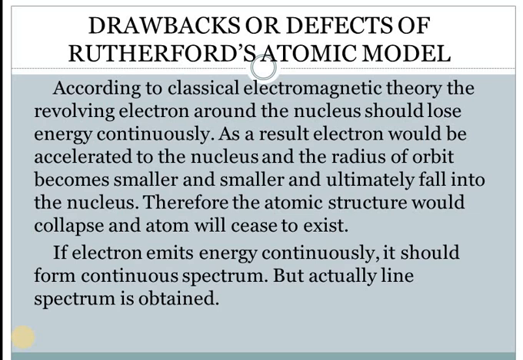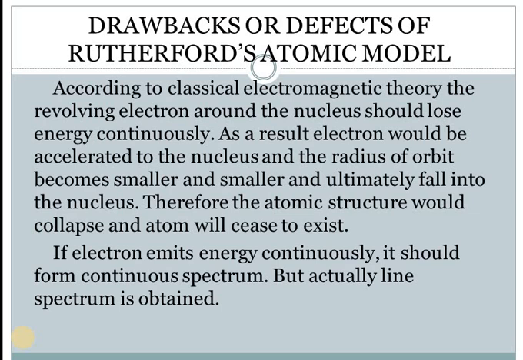Because when anything is moving around any substance, it must possess certain energy, and when it is continuously moving, it must lose energy. So they are saying that whenever electrons are revolving around the nucleus, they should lose energy continuously.